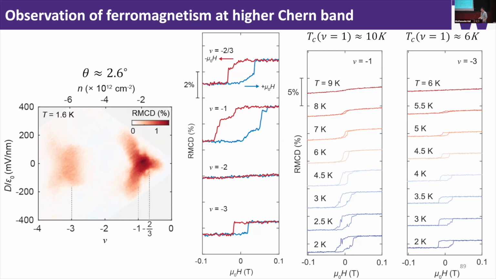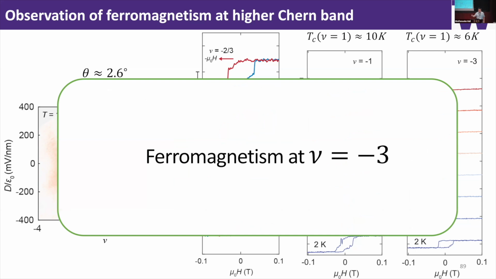This shows that the Curie temperature for -3 is about 6 Kelvin. So all the information I gave you here shows that the ferromagnetism at filling factor -3, or in other words when you fill the second Moiré band, is actually quite robust. So this is the take-home message: we do have ferromagnetism at filling factor -3 when you fill the second Moiré band.